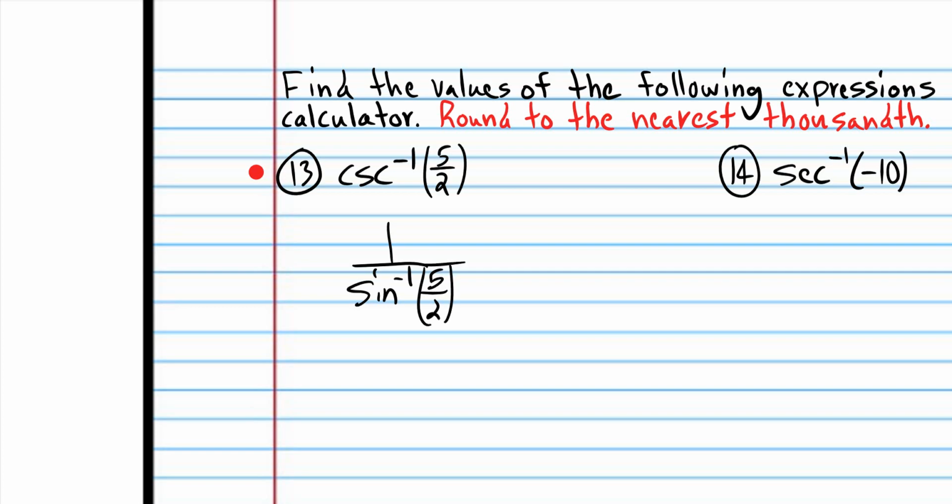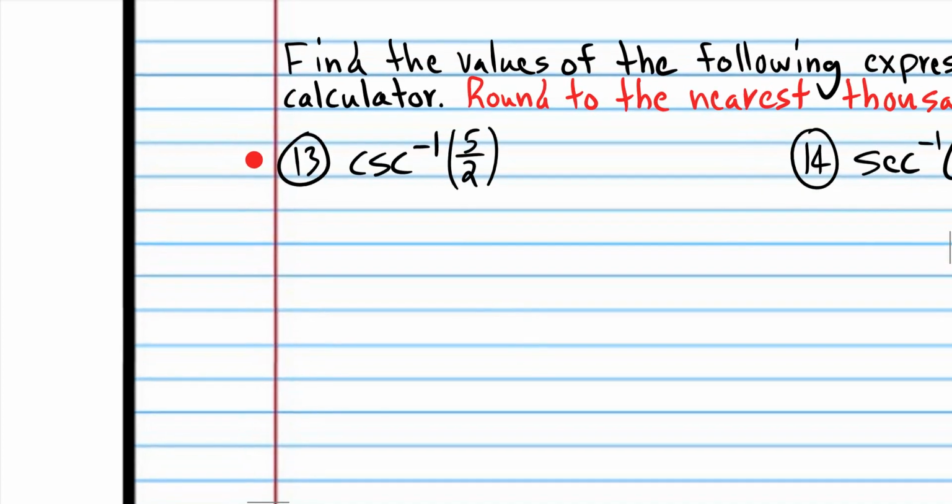We have a reciprocal identity that tells us that cosecant theta is equal to 1 over sine theta, but we don't have any identity that tells us that cosecant inverse of some value is equal to 1 over sine inverse of some value. We just don't have that identity.